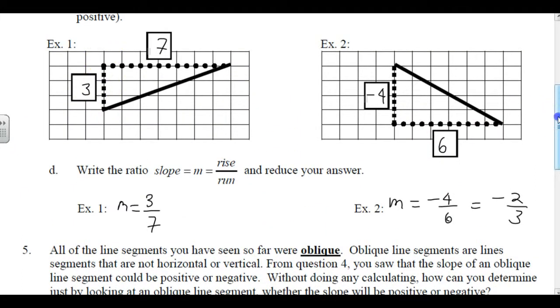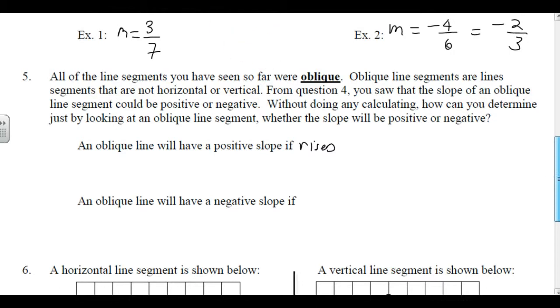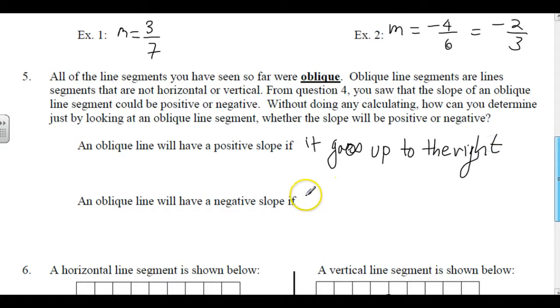So let's say we'll have a positive slope if it goes up to the right. And an oblique line will have a negative slope if it goes down to the right.